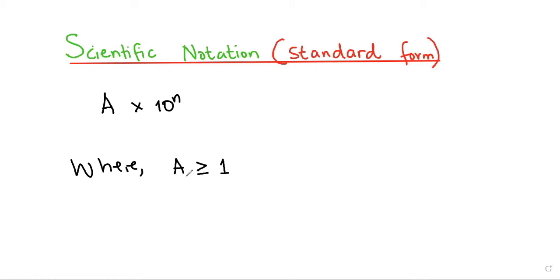Okay? It means that A is equal to 1 or bigger than 1, but it must be less than 10. Then also, this n is an integer.